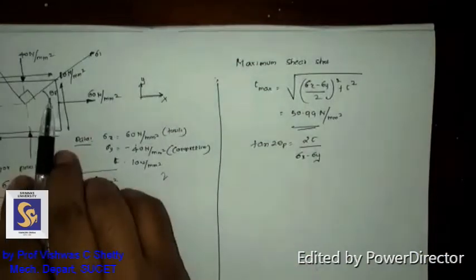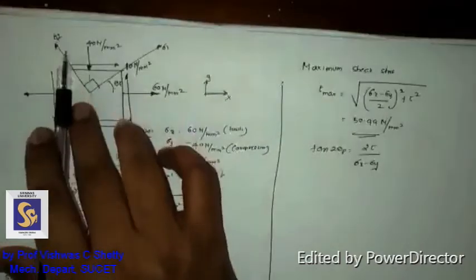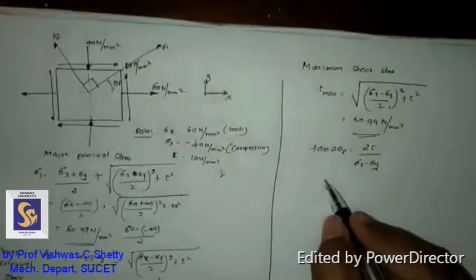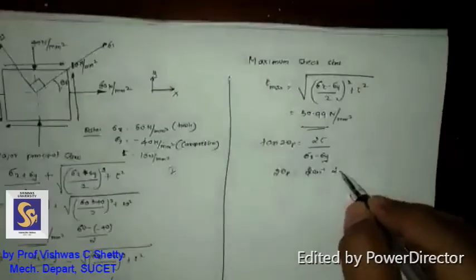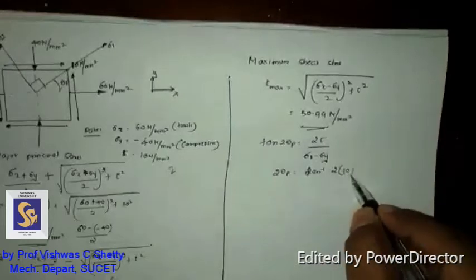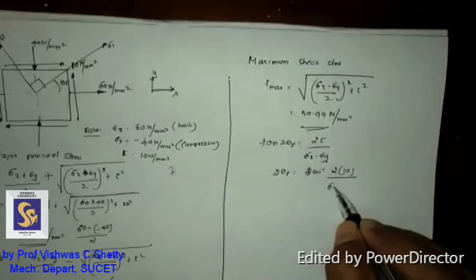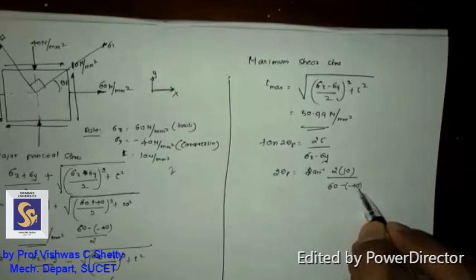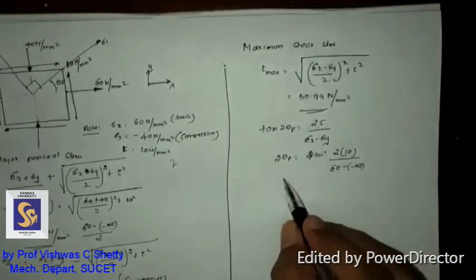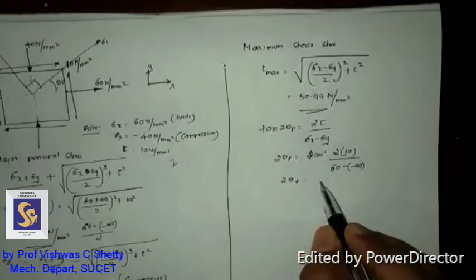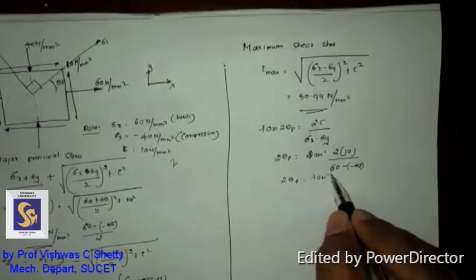Once you calculate theta p, you can just add 90 degrees to find the angle of sigma 2. So 2 theta p is tan inverse of 2 into tau, where tau is 10, sigma x is 60 minus minus 40.